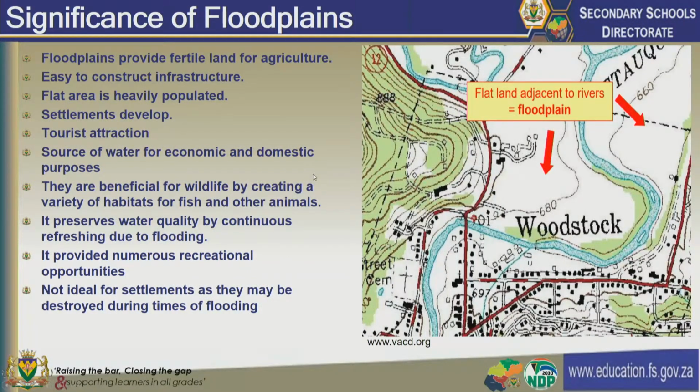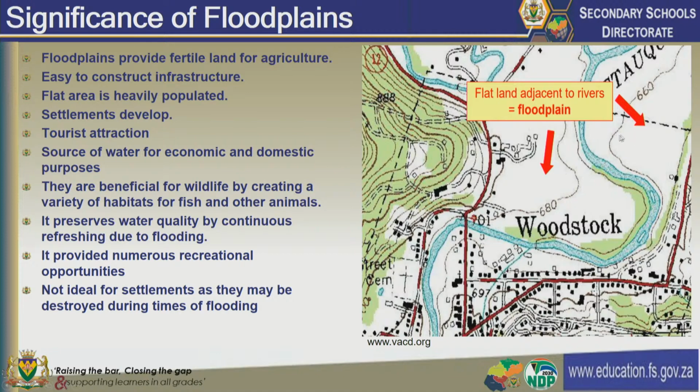Again, look at the topo map. I want you to notice that a floodplain will be that flat area next to the river on both sides of the river bank. Like you notice here, there's my floodplain on the topo map.